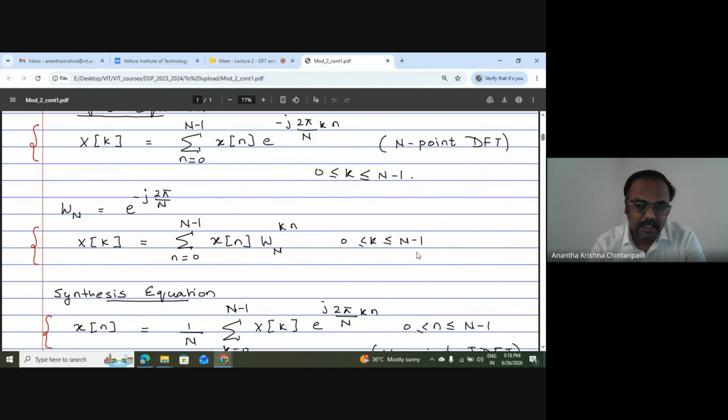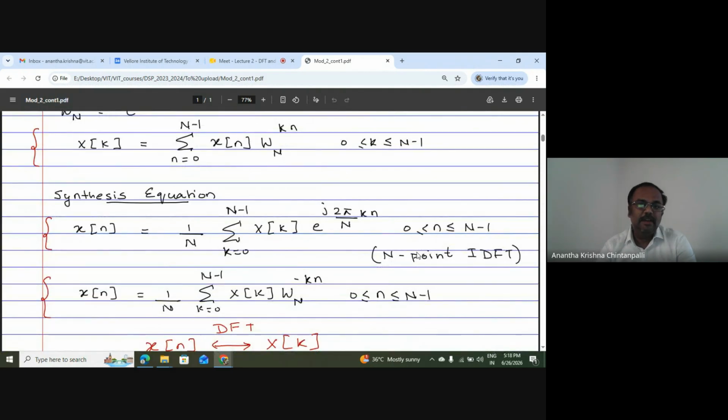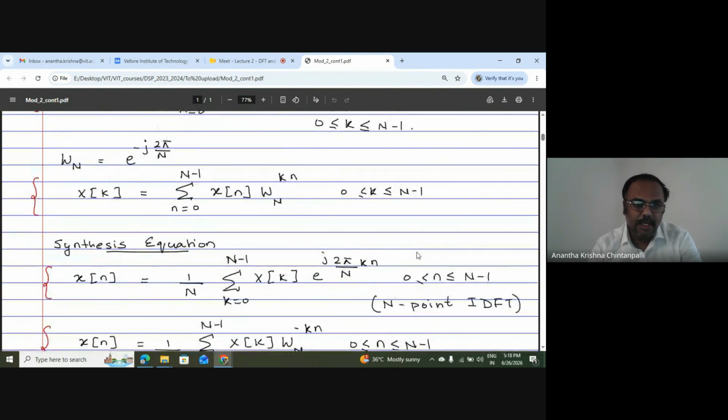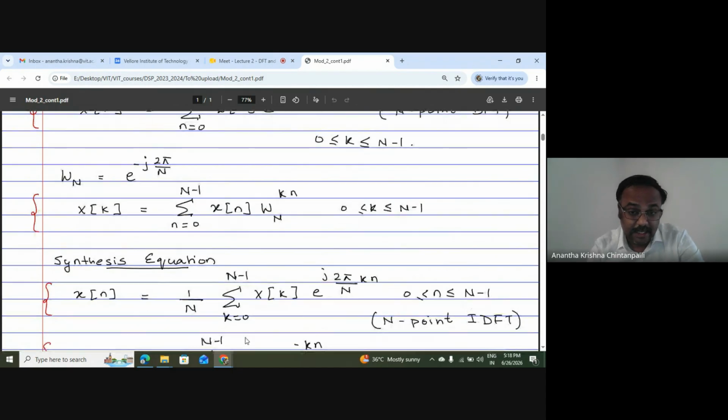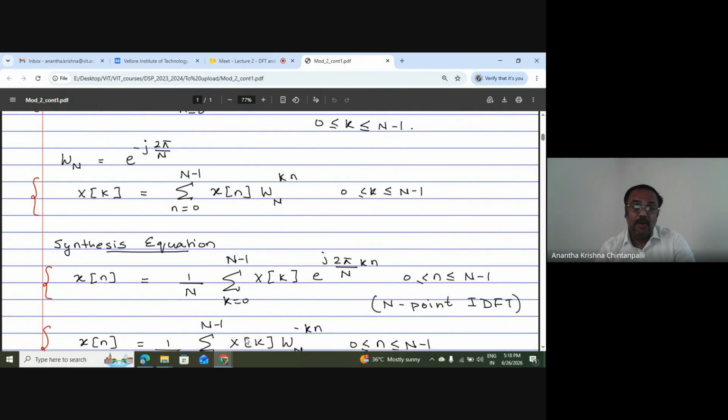The synthesis equation is given by x of n equal to 1 over N times the summation over k. Because you have the DFT coefficients X of k, k goes from 0 to capital N minus 1, times e to the power of plus j 2 pi k by capital N times little n.